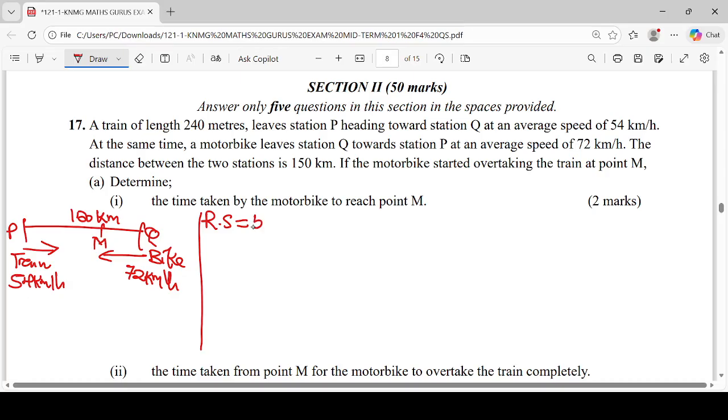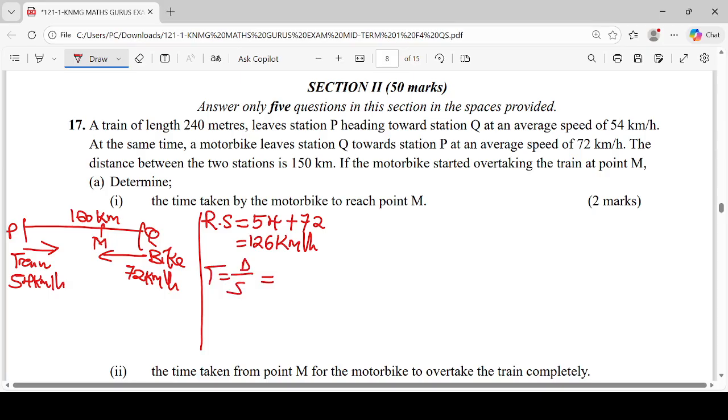So this is 54 plus 72, which becomes 126 kilometers per hour. After we've gotten that, let's now get the time. Remember, time is given by distance over speed.